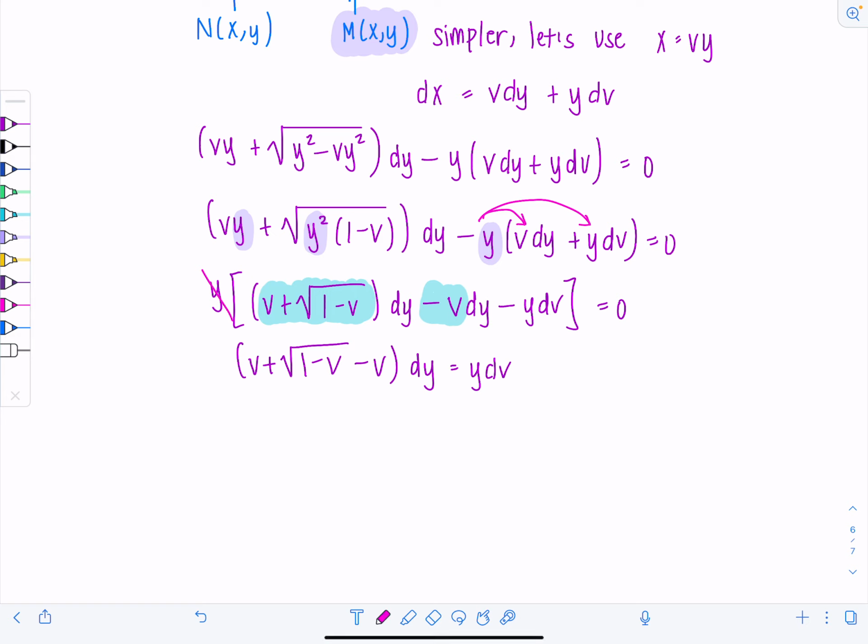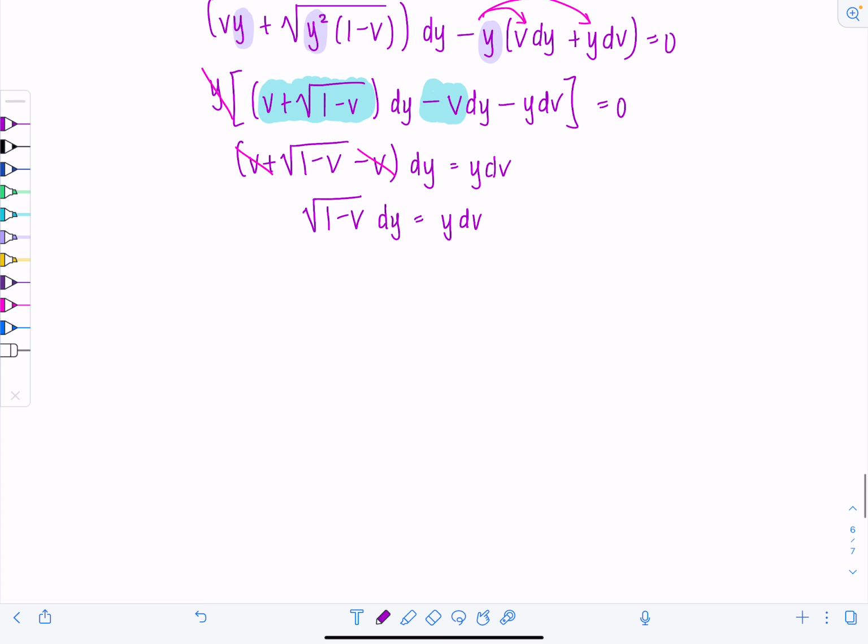What's next? Yes, the v's cancel. That's happened every time so far. And then we've got rad 1 minus v dy equals y dv. Woohoo, now it's separable. So we can write this as dy over y equals dv over rad 1 minus v.